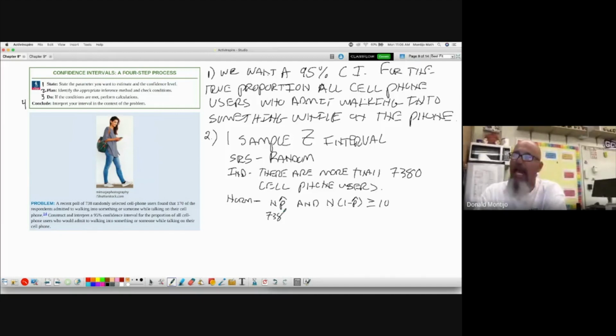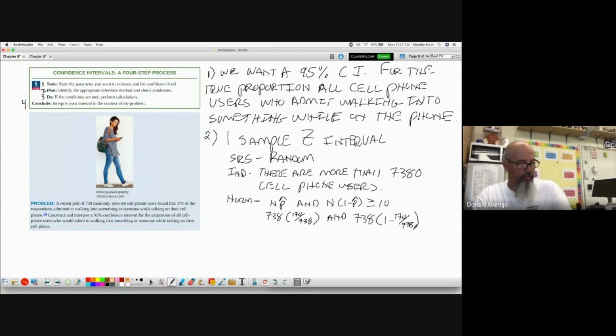P hat is 170 over 738, and 738 times 1 minus 170 over 738. I need to multiply those and see that they're both greater than or equal to 10.